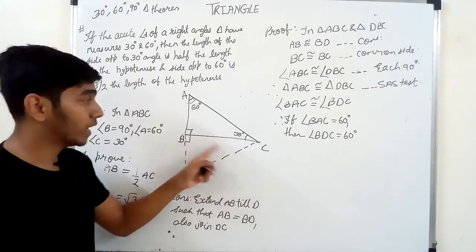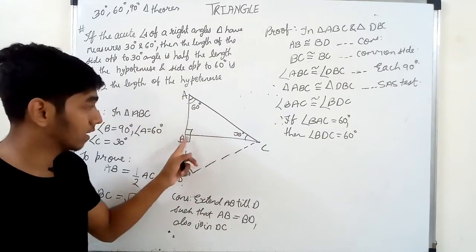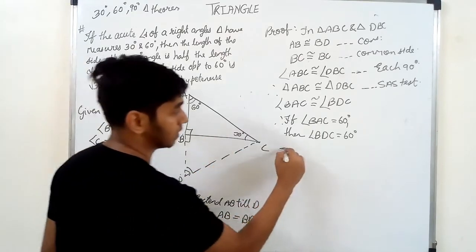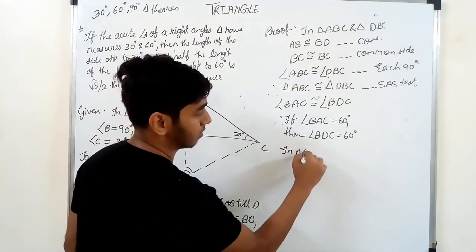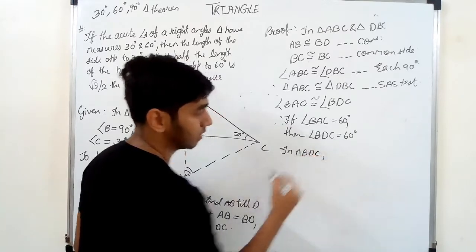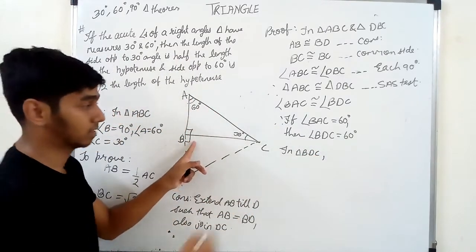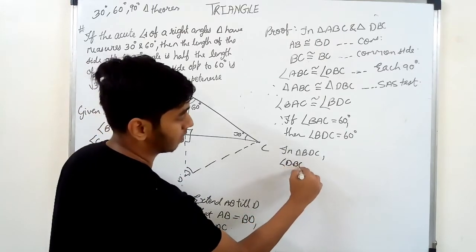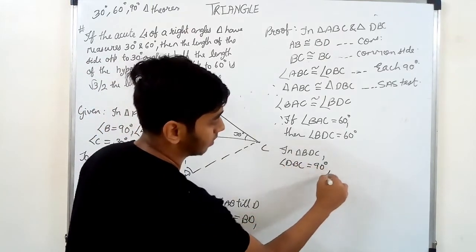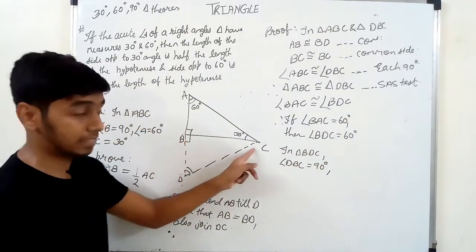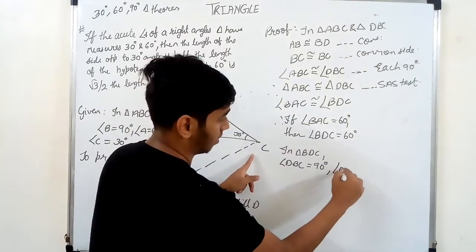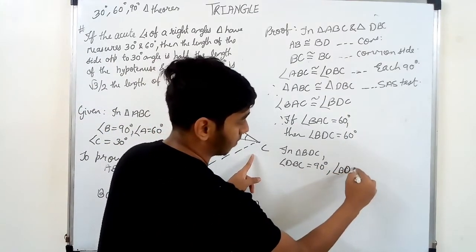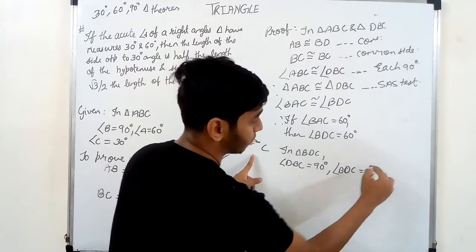So what we have got in triangle BDC: angle DBC is 90 degrees and angle BDC is 60 degrees.